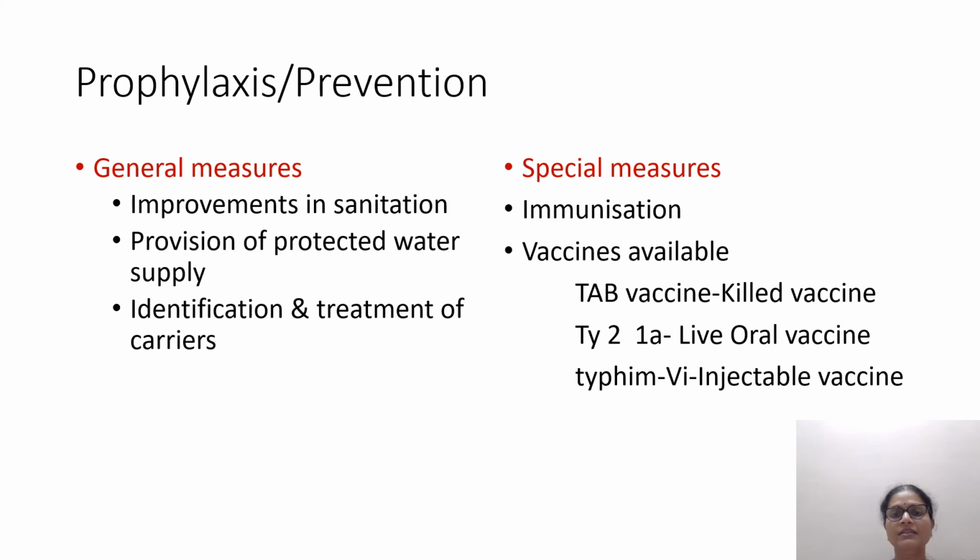The third vaccine is the Typhim Vi vaccine. I have talked about the Vi polysaccharide antigen before. So this antigen is extracted from Salmonella typhi and is given as a vaccine parenterally, that is either as a subcutaneous injection or intramuscular injection in a single dose.